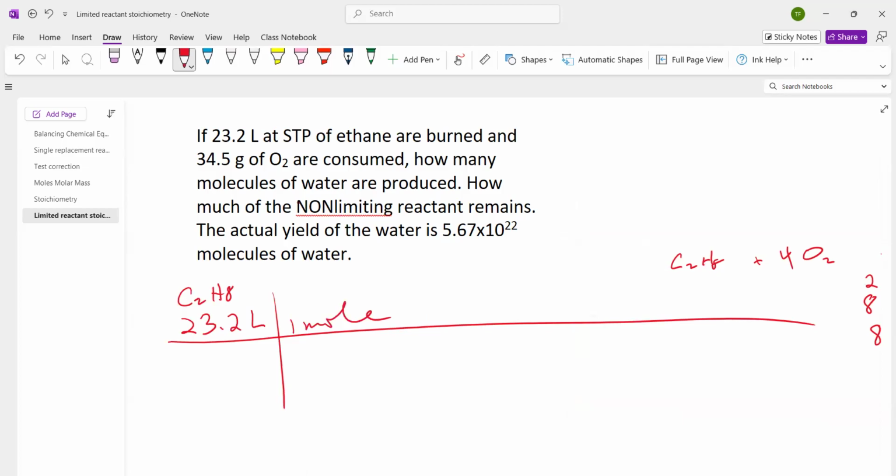First step, always cancel the given, convert to moles. Applies to STP. It's real important to remember that.